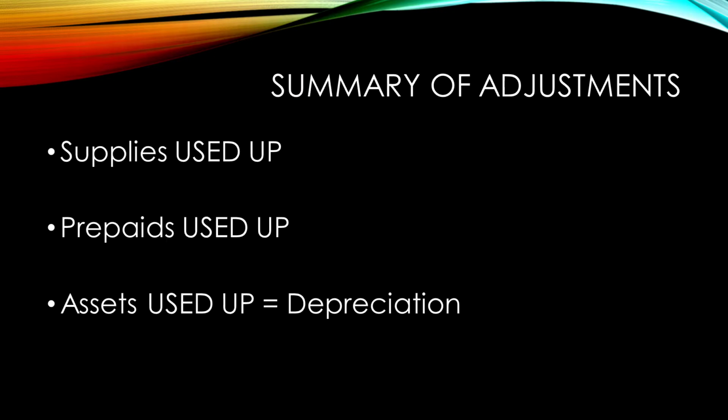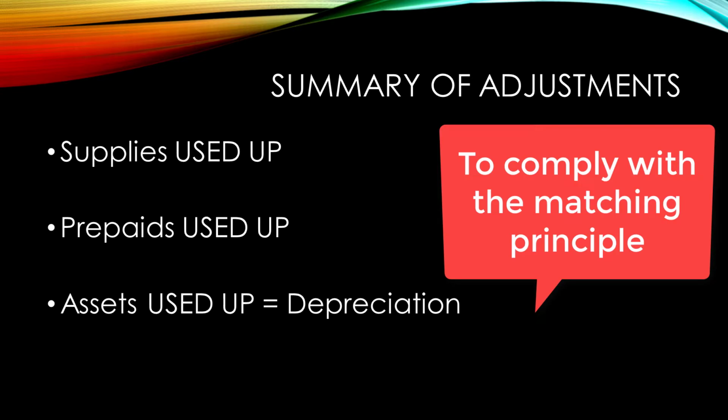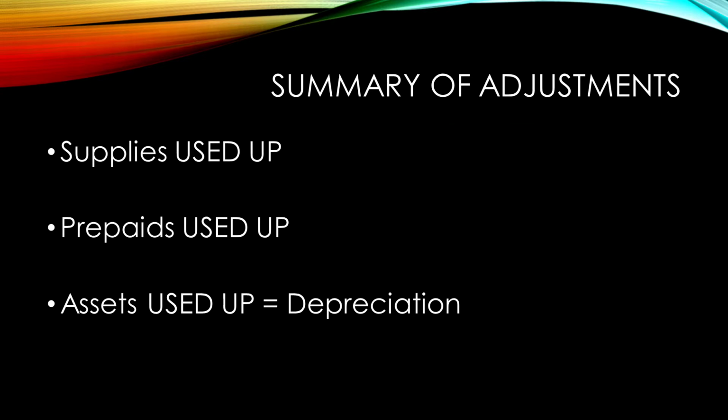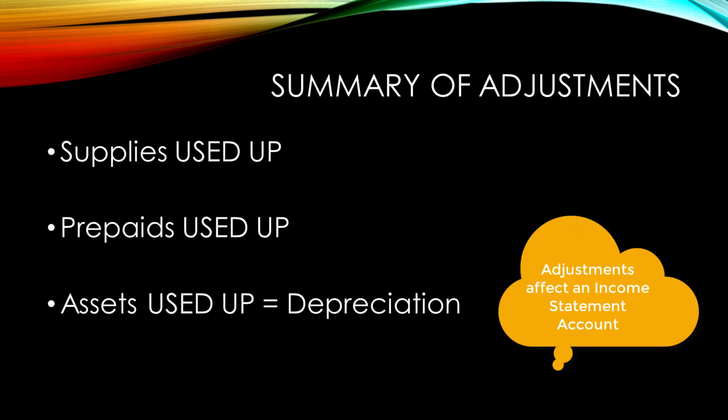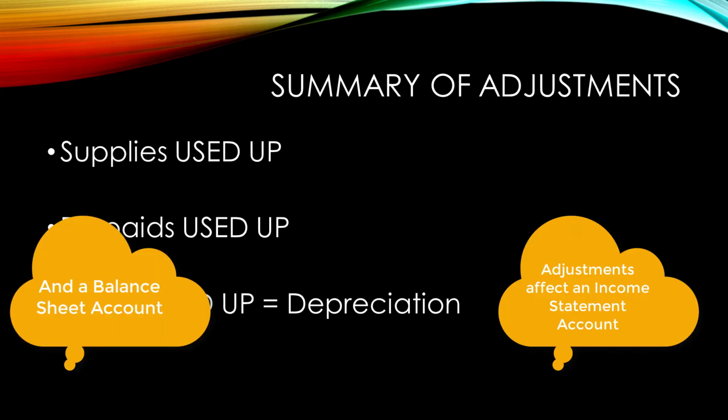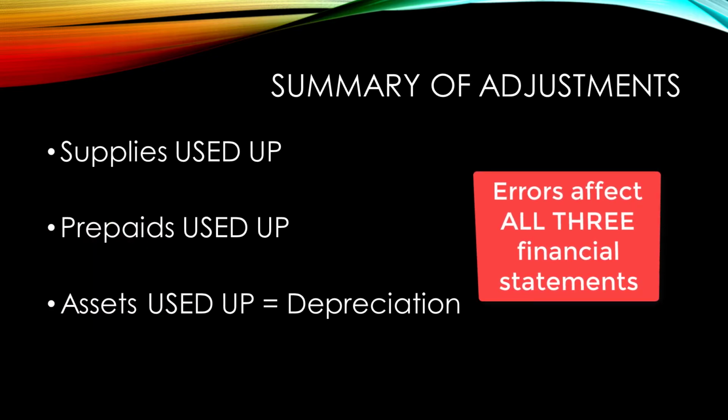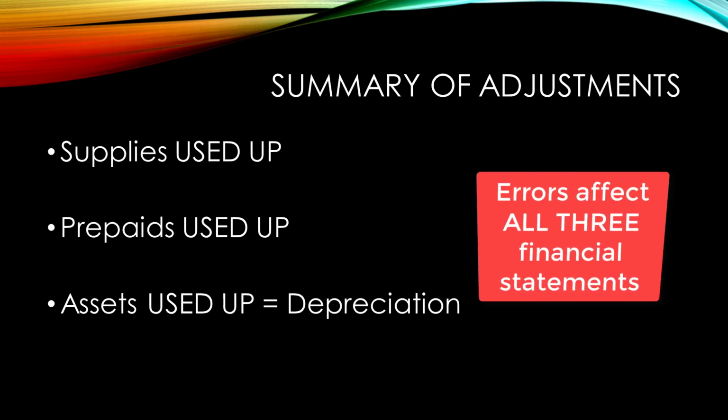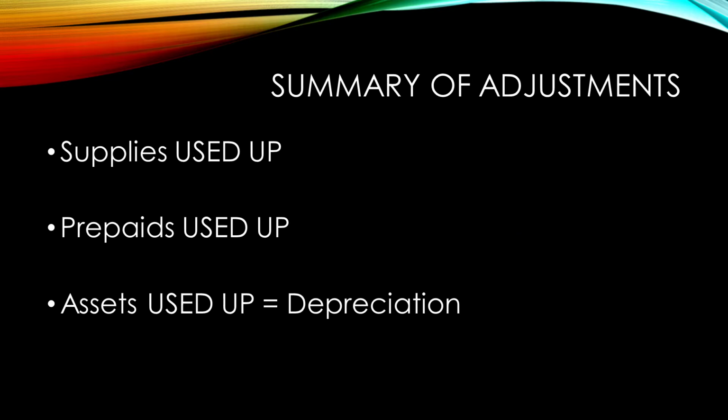So adjustments are needed to comply with the matching principle. All adjustments will include an income statement account as well as a balance sheet account. What this means is if you mess one up, all three financial statements will be wrong. For that reason, the adjusting process is important.